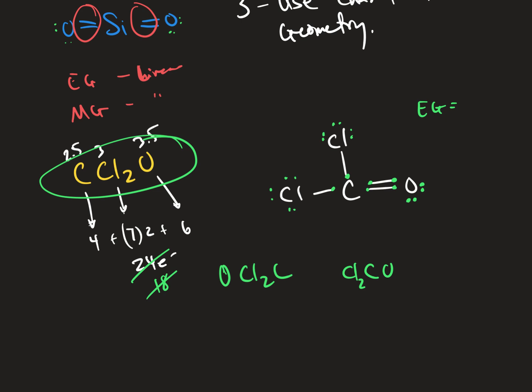We have 3 regions and 0 lone pairs. Trigonal planar. What is the molecular geometry? They're both trigonal planar, because there's no lone pair of electrons. Good?